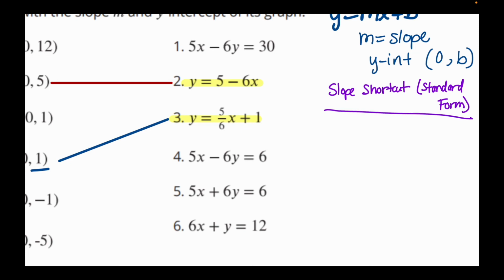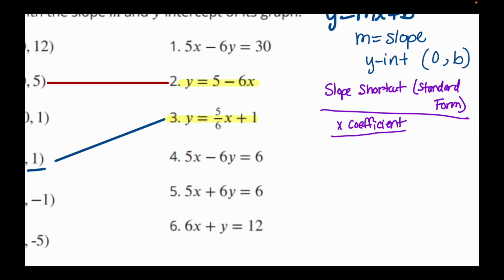You are going to take the x coefficient, that means the number in front of x. You are going to divide it by the y coefficient. And then you are going to change the sign, either positive to negative or negative to positive.